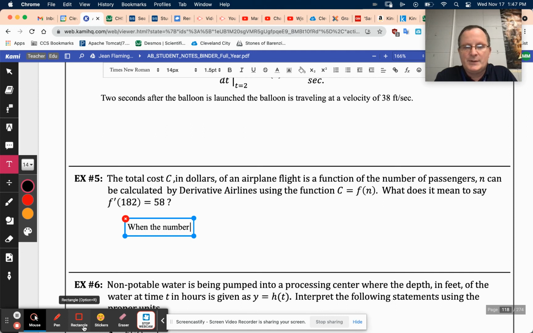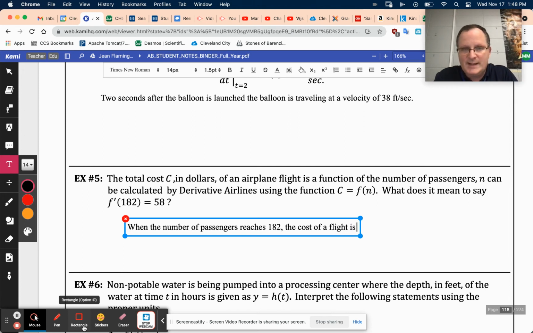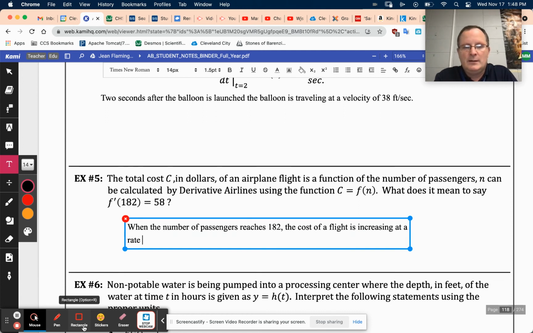All right, so when the number of passengers reaches 182, the cost of a flight is increasing at a rate of $58 per passenger.